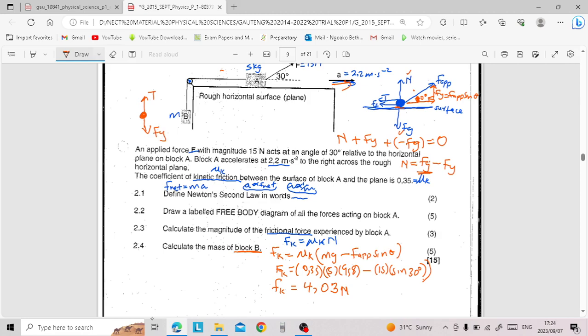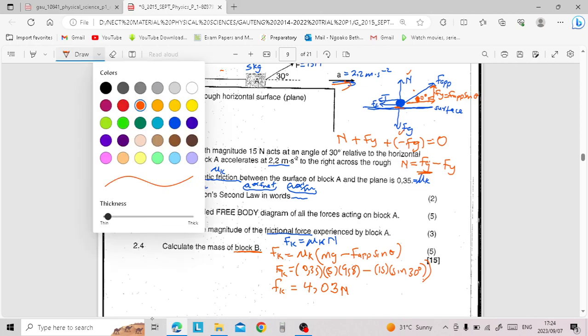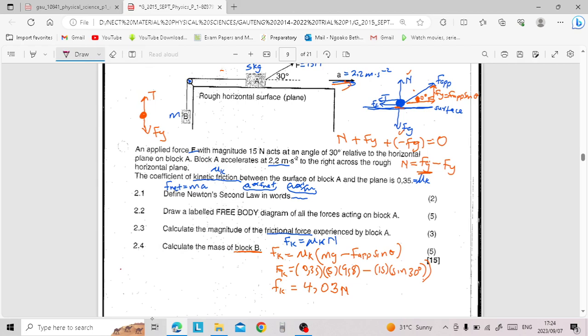From this free body diagram our formula is Newton's second law, F net equals MA.